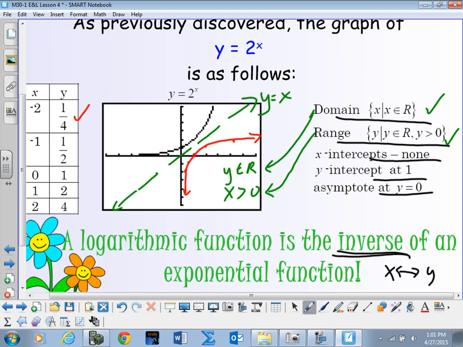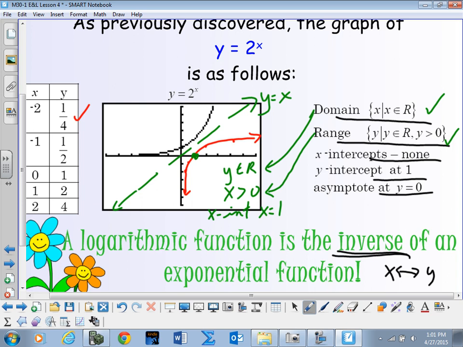Now let's look at the other characteristics. The x-intercept was non-existent on the exponential, but the x-intercept now is at 1. The y-intercept, we had a y-intercept of 1 on the exponential. That becomes an x-intercept of 1 on the log function.